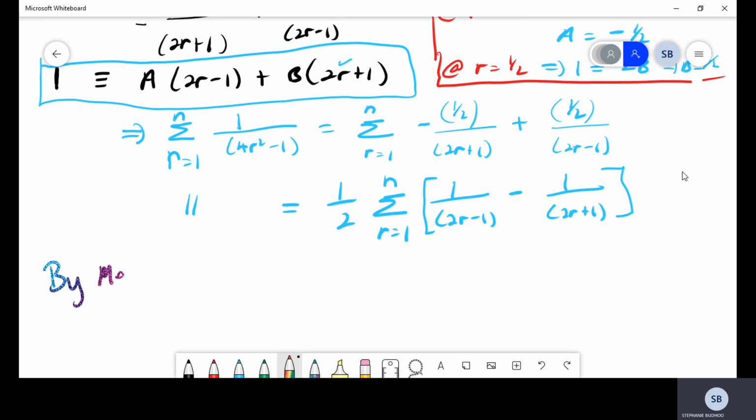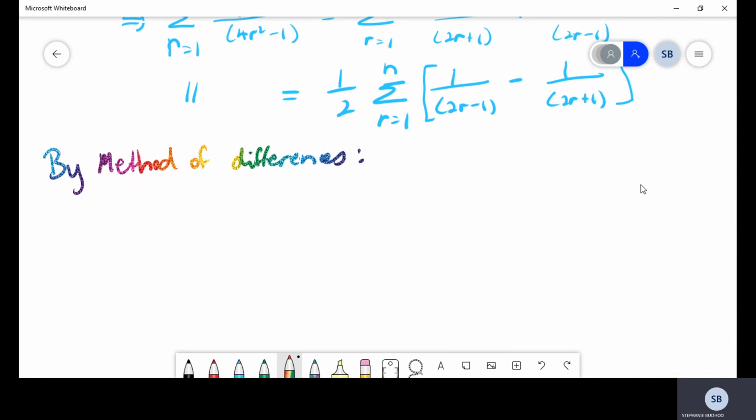So by applying the method of differences here, we're going to test to find out which terms cancel and which terms remain, because in the method of differences, sometimes it's not always the first and last term that remains, right? So you want to try the first three values when r is 1, when r is 2, when r is 3, and you want to substitute the last three values as well, right?